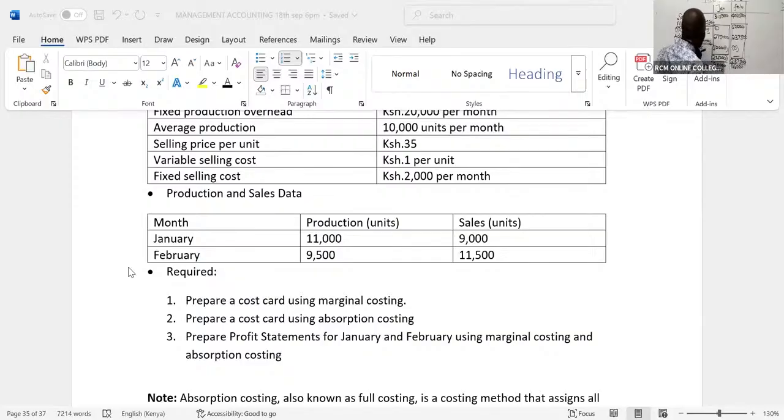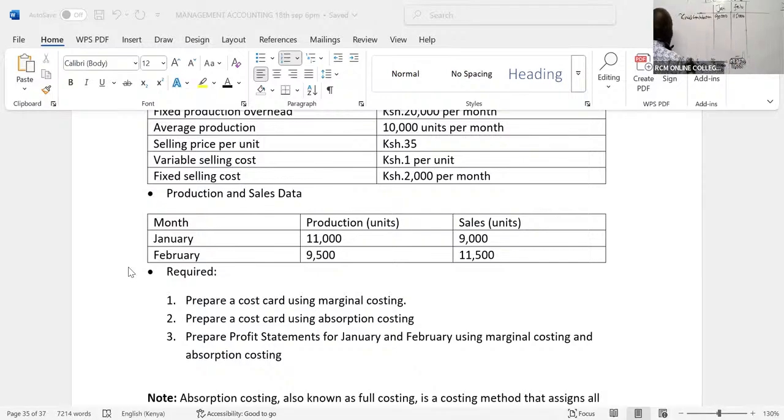Let me actually write up here. So I have my gross contribution, 90,000, and then we have 115,000, isn't it?